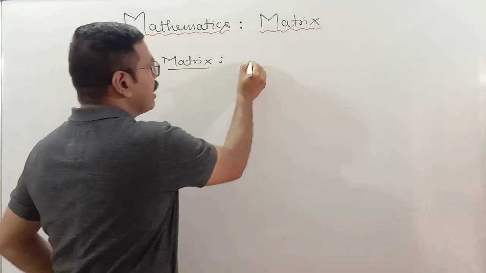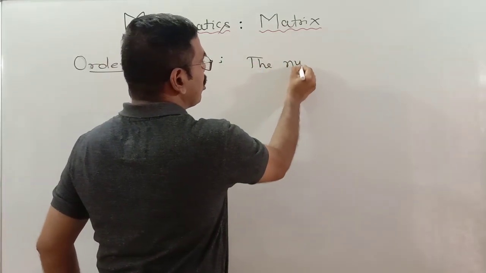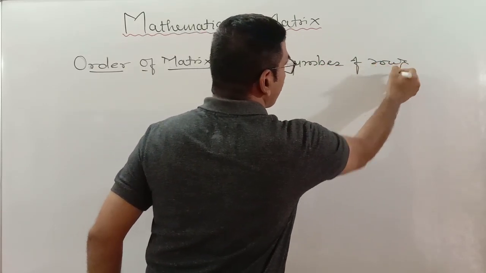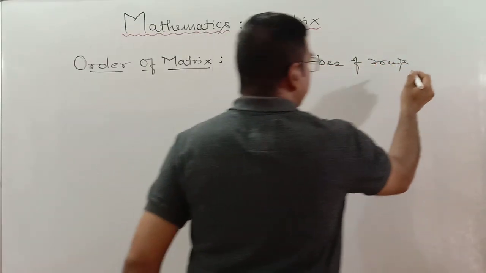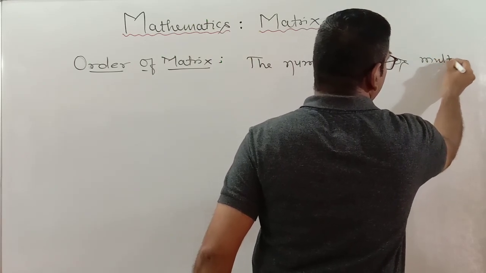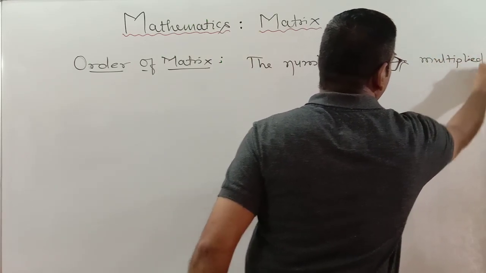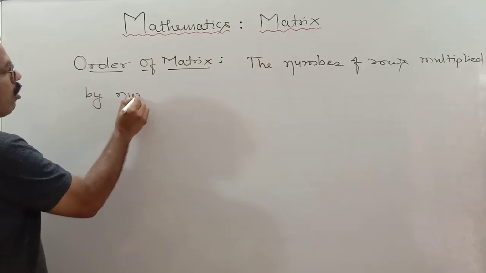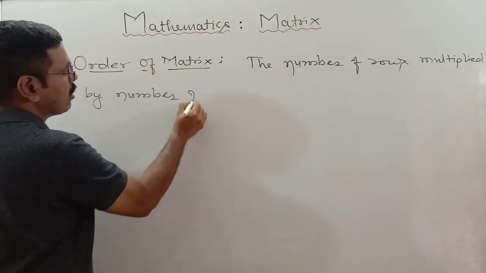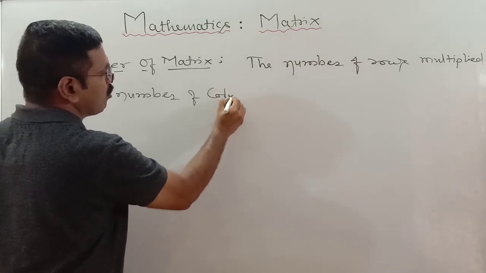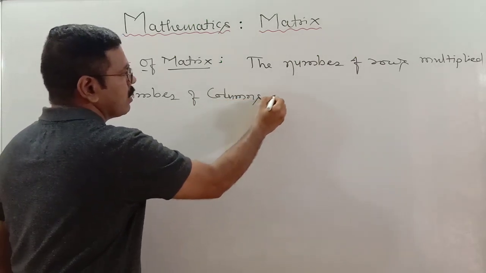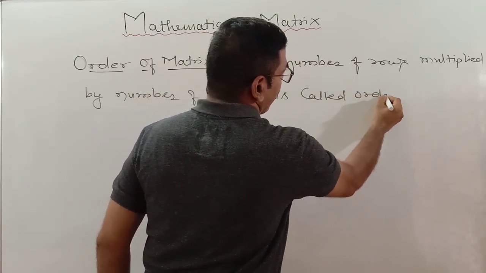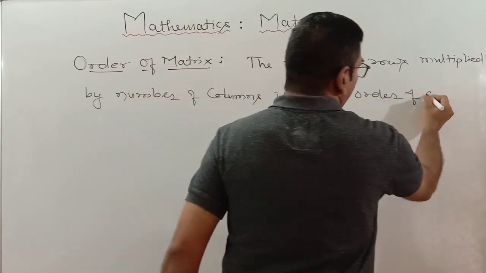See, the number of rows multiplied by number of columns is called order of a matrix.